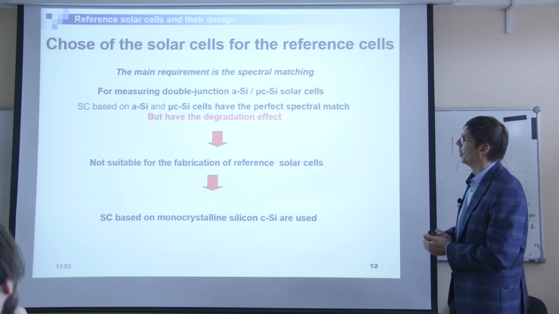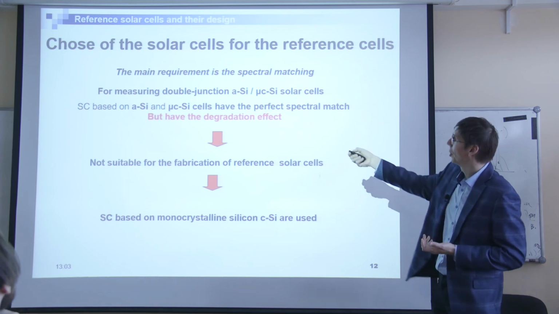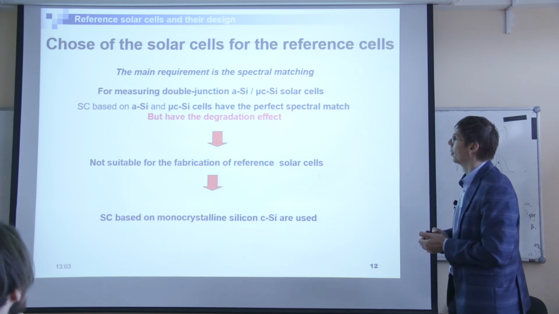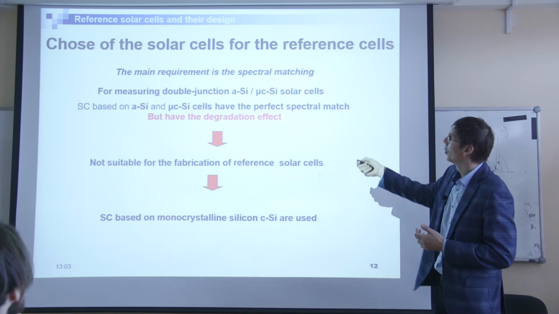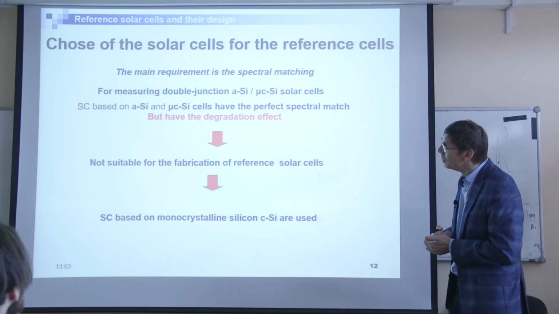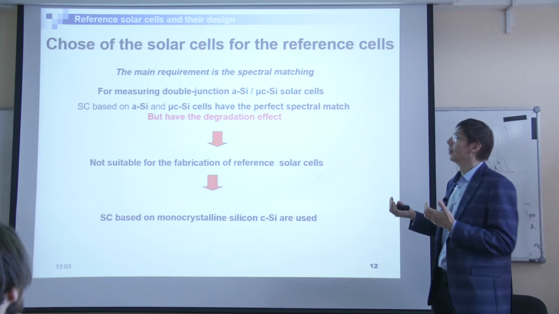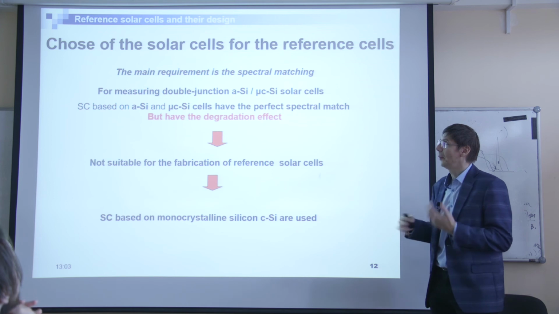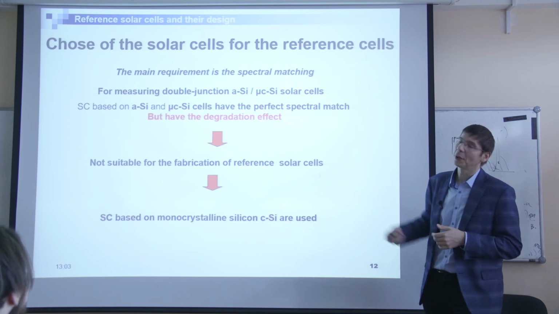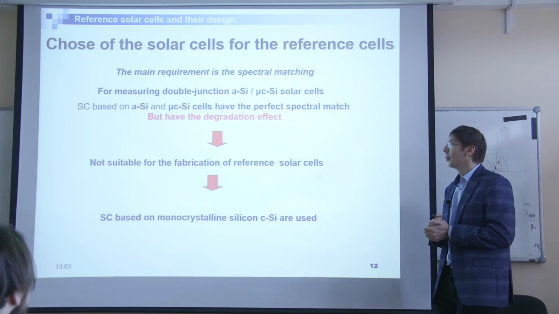For example, for a double junction amorphous hydrogenated silicon and microcrystalline silicon solar cell, it would be nice to use two reference solar cells based on amorphous and microcrystalline silicon.